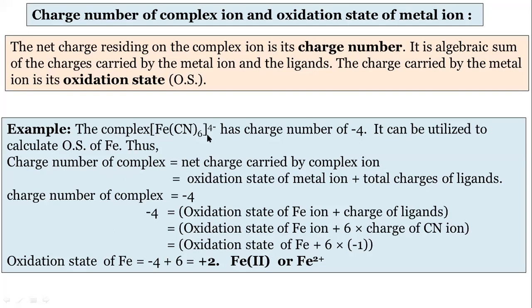And this charge number is the algebraic sum of the oxidation state of the metal ion and the total charges of the ligands. So this formula is important. By using this formula, you can calculate the oxidation state of the metal ion, and also the charge number.